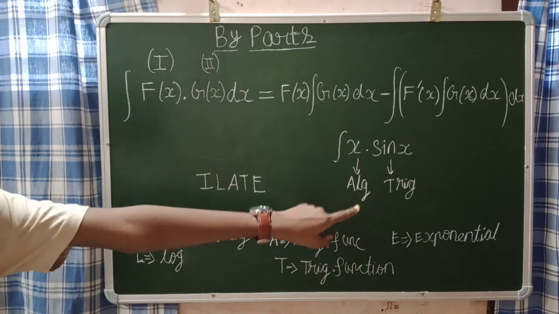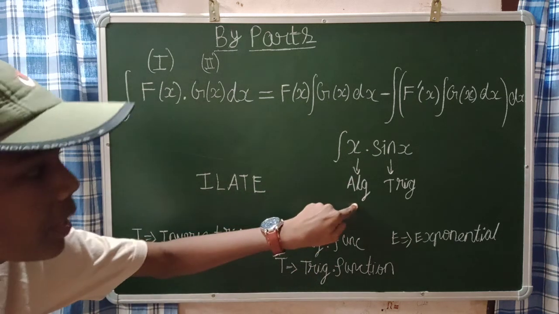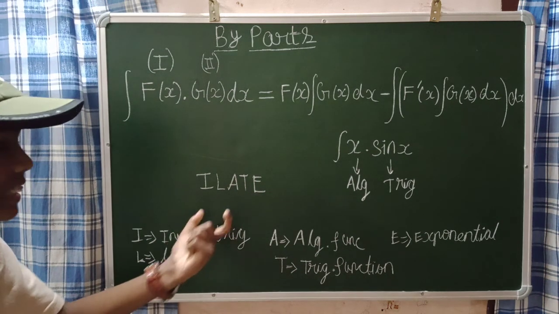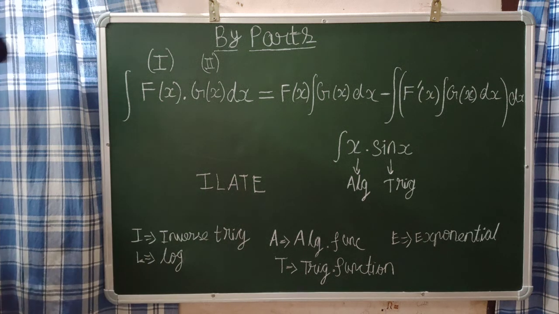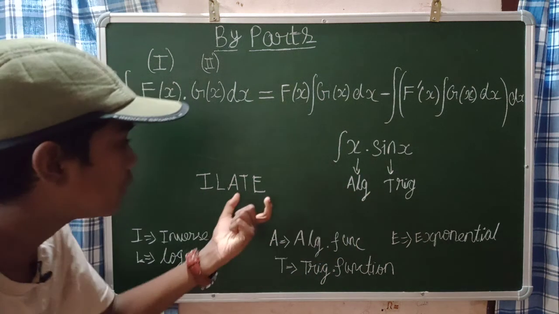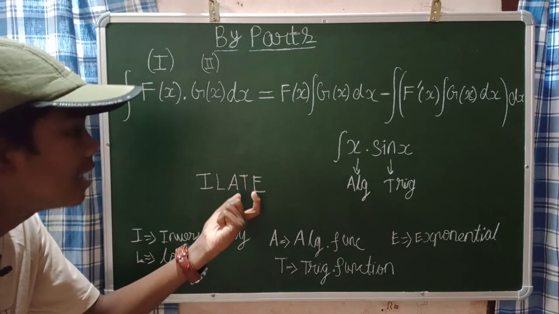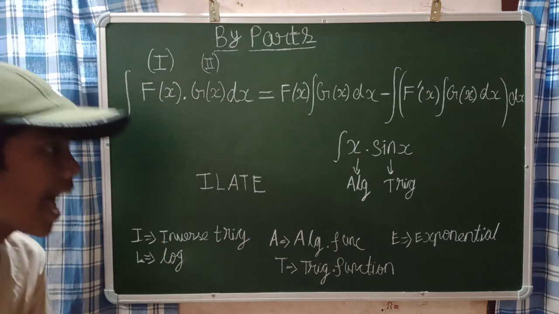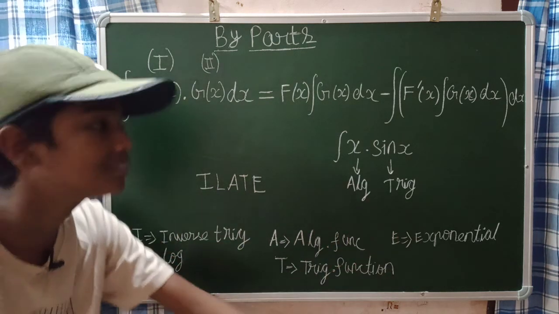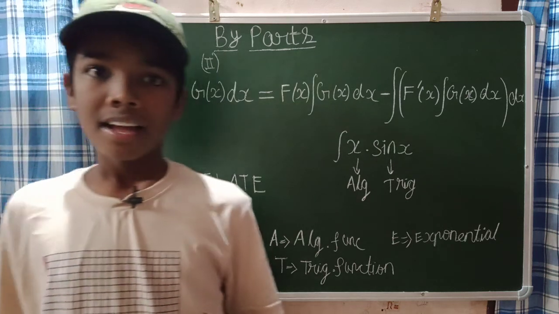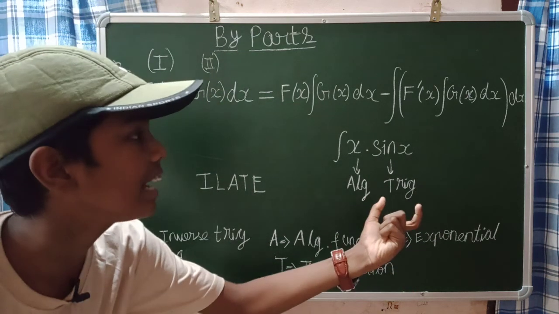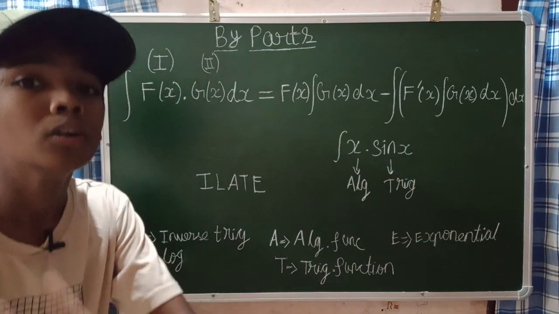Now, we know that the algebraic function comes before the trigonometric function in the ILATE rule. That means I will take the algebraic function, which is x, as the first function, and the trigonometric function sin x as the second function. Why?